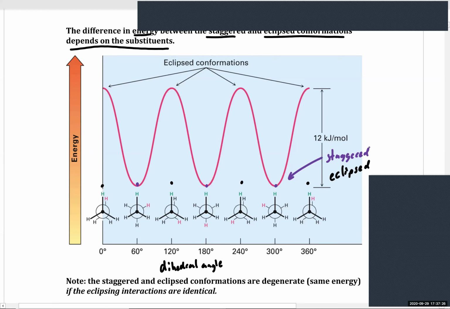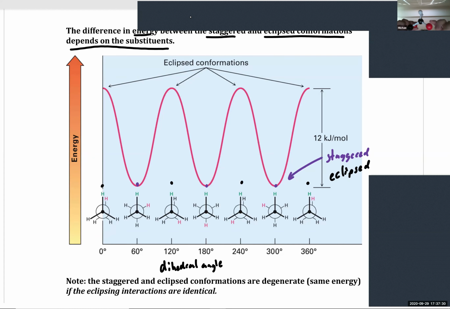So essentially what we're doing in these graphs is we're looking at our molecule and we are slowly rotating. In this case, we're rotating our back substituents in 60-degree increments.